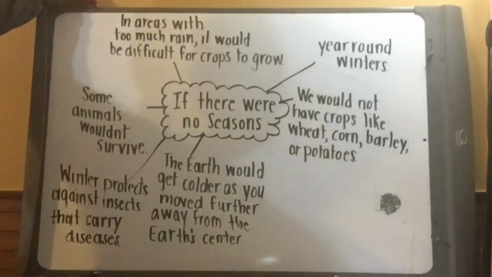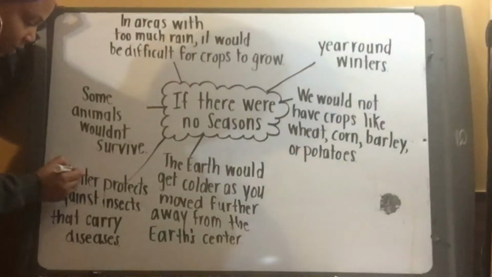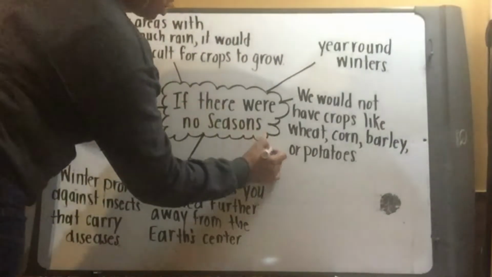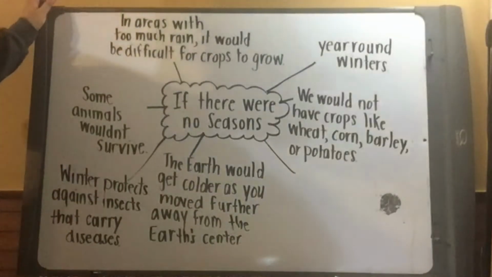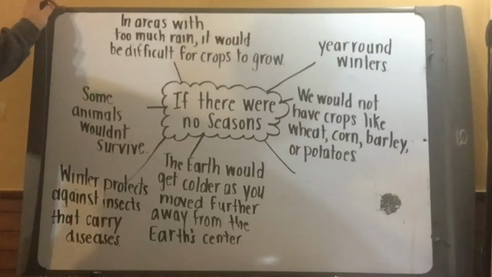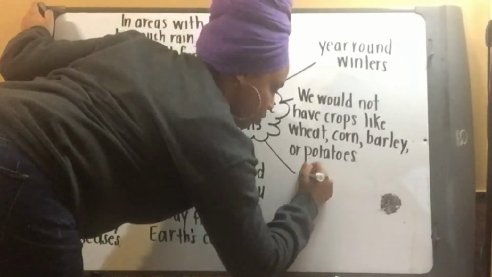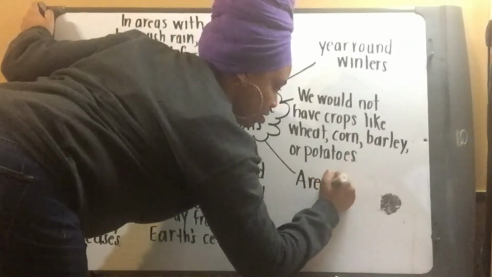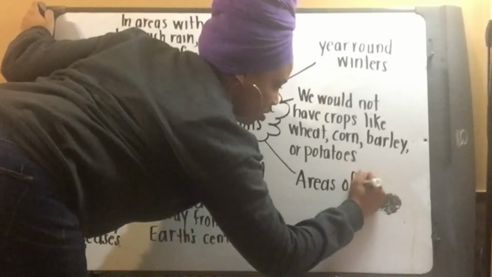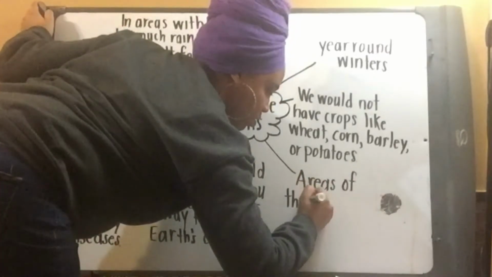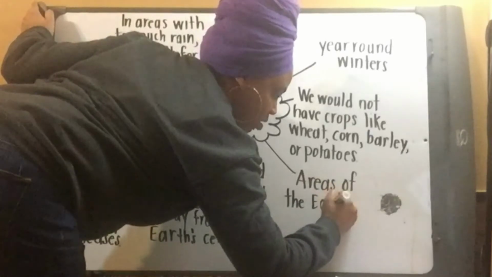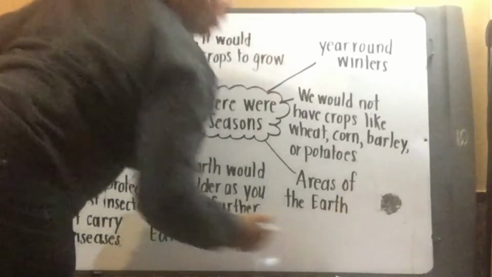All right, and we don't want that, Congo, right? We don't want insects that carry diseases. We wouldn't want to deal with that, each day or all year round. All right, and the last thing that I learned is that most people would want to live in warmer places, right? But there wouldn't be enough room. So places would be overpopulated. So areas of the earth would be overpopulated.